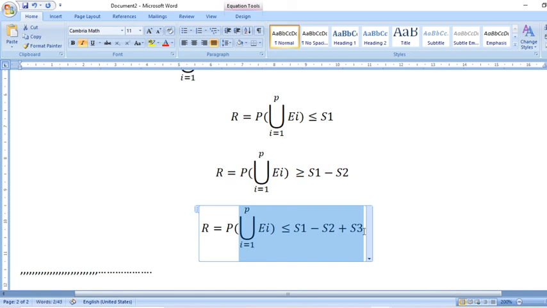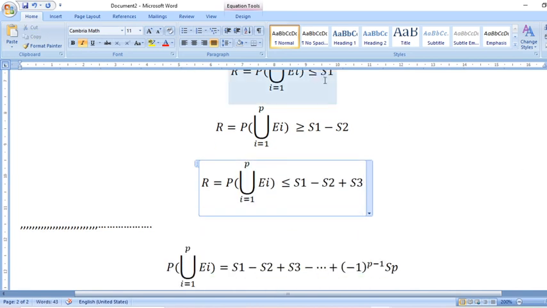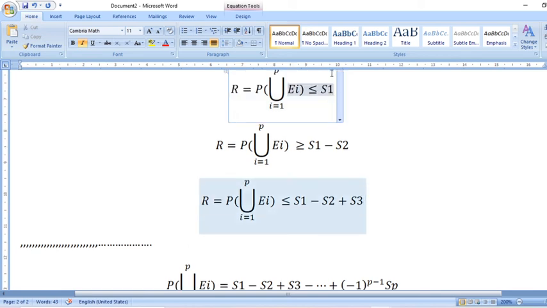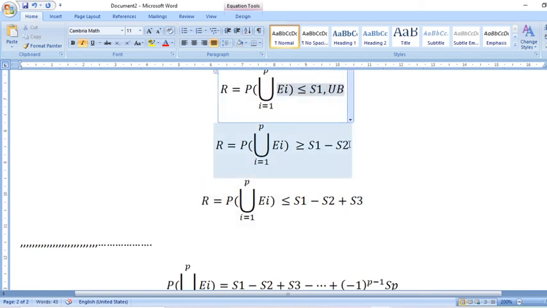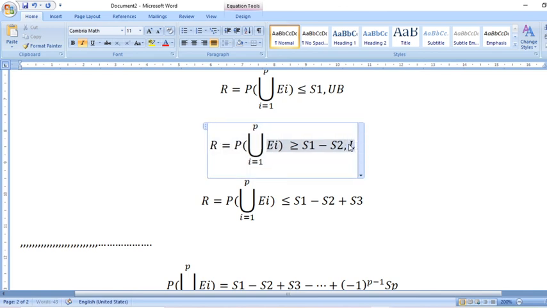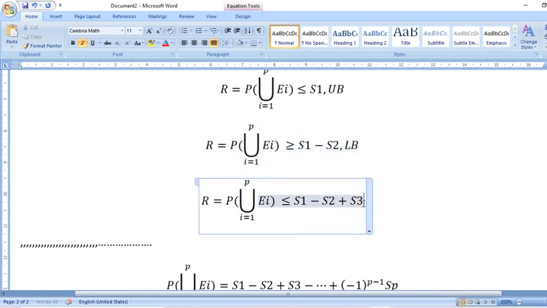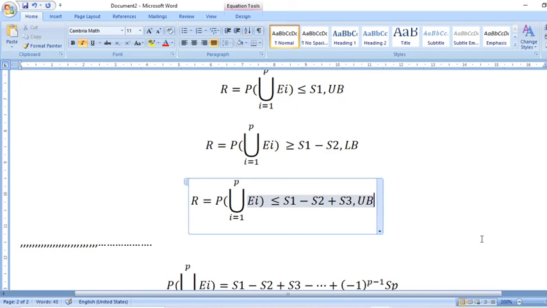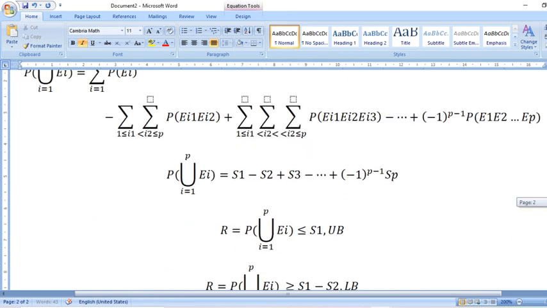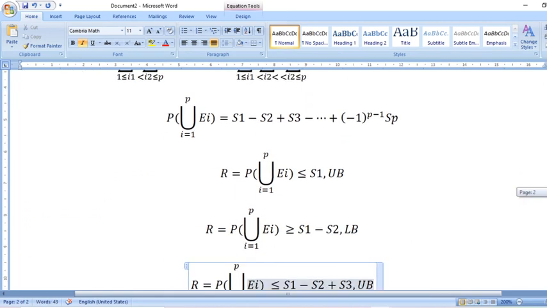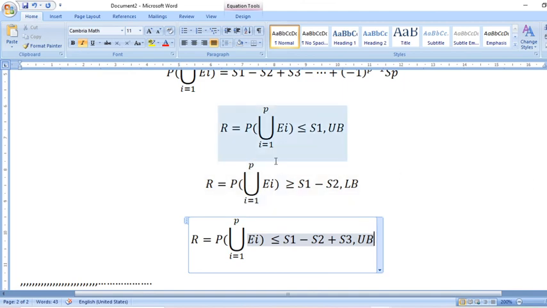So we can continue like this. So we will get some lower bounds. This is upper bound, upper bound. This is lower bound. This is another upper bound. So on we can continue. Okay, so we obtain the lower bound and upper bound for the reliability.